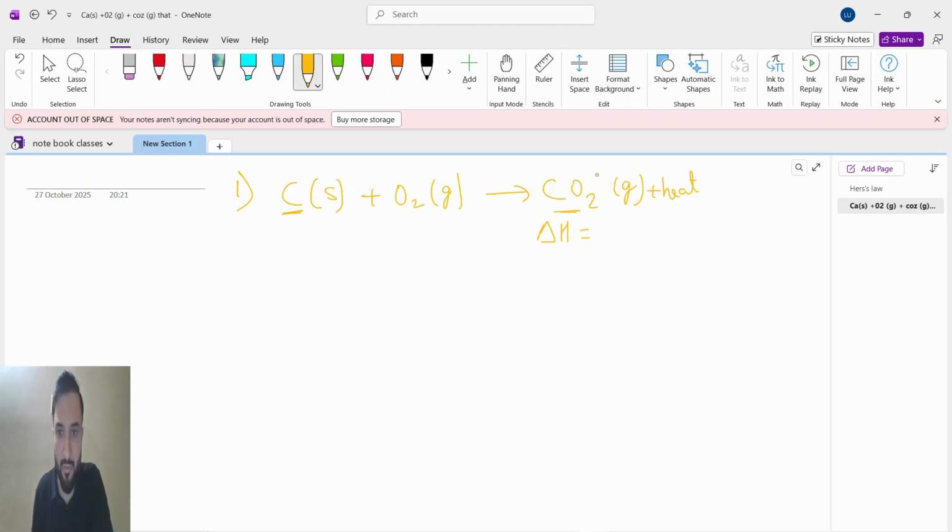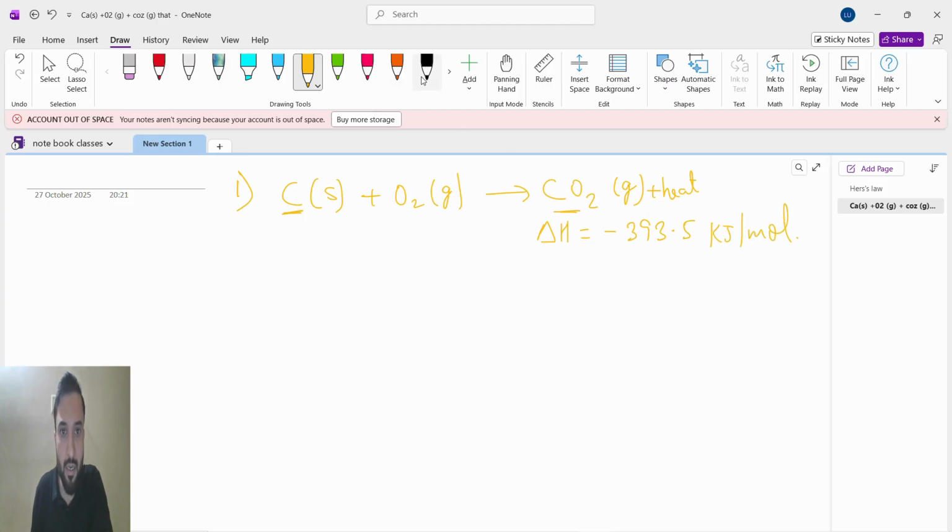So from carbon we have to make carbon dioxide. This I made in a single direct step. For that, delta H is minus 393.5 kilojoule per mole.